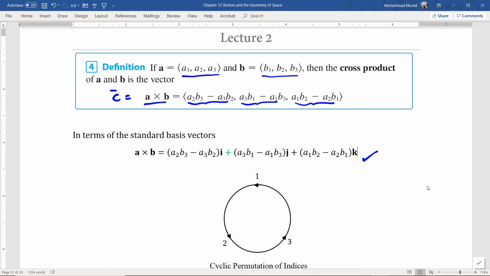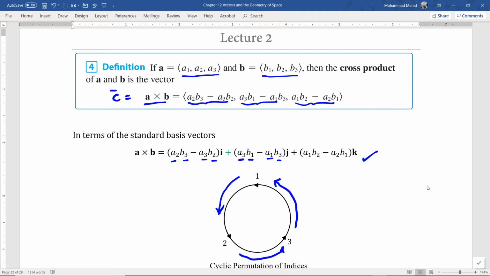Now, if we cyclically permute the indices, 1 would be changed to 2, 2 would be changed to 3, and 3 would be changed to 1, then we can obtain the second and third components of the vector A cross B. For example, A2 would become A3, B3 would become B1, A3 would become A1, and B2 would become B3.